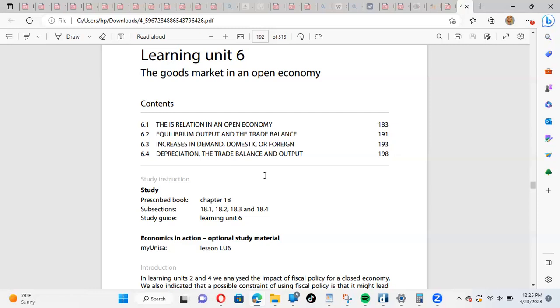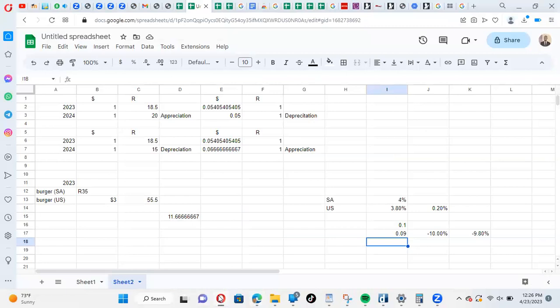Like, for instance, now what the rand is, I'm not sure what our currency is at the moment. The last time I checked, it was like 22 rand. So if it's 22 rand, does it mean that if someone has $1, they are going to come here with less money and buy more from our side?